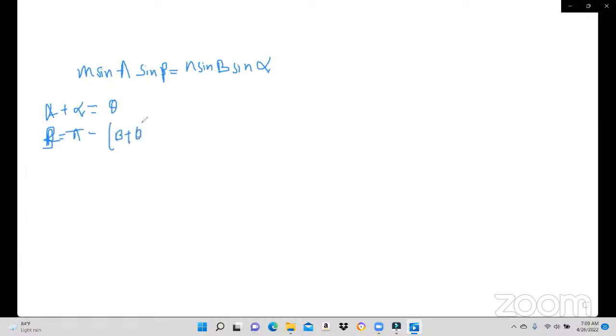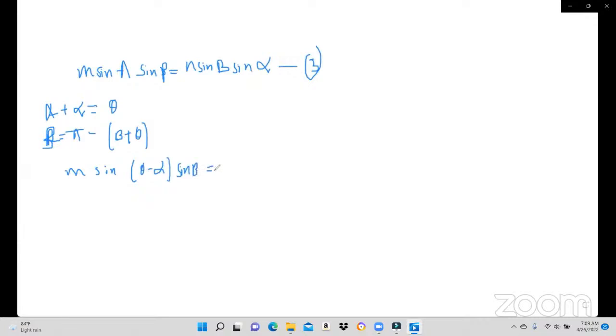We can substitute these two in equation number 3. Instead of A, substitute theta minus alpha, so M sine of theta minus alpha into sine beta.